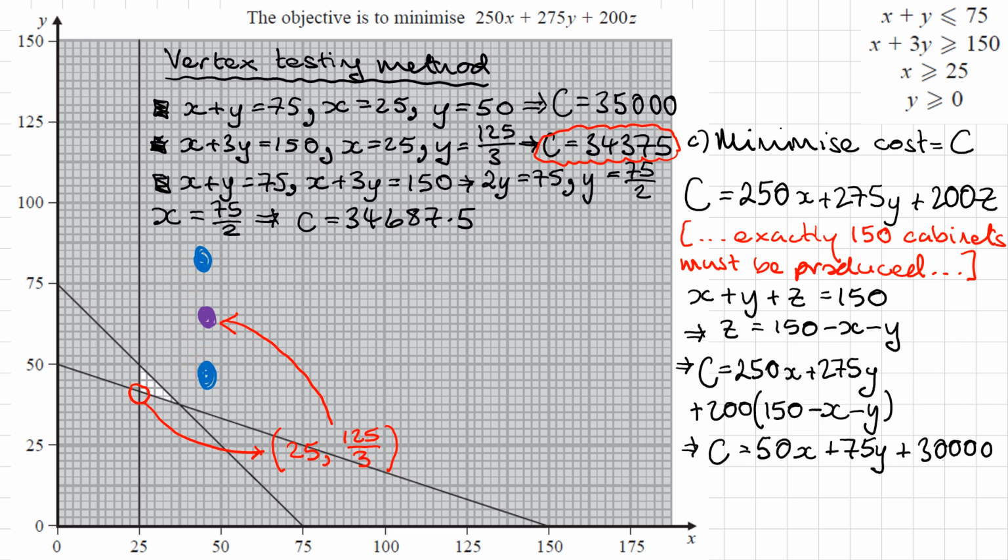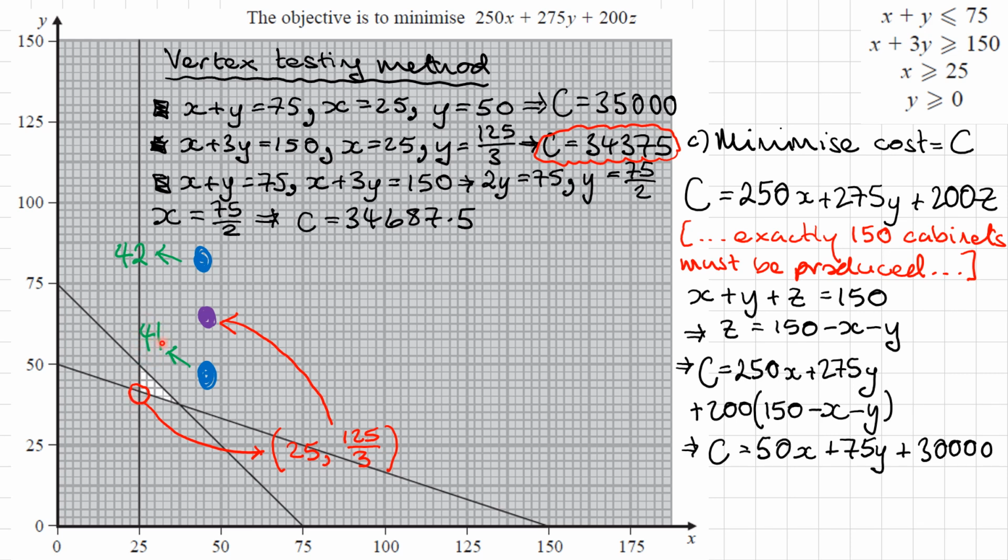Now the integer solutions would be this one, the y value, that would be 41, and this y value would be 42. Now I can see from my diagram that if I go down, I'm outside of the feasible region, so 41 as an integer solution is not going to be valid.